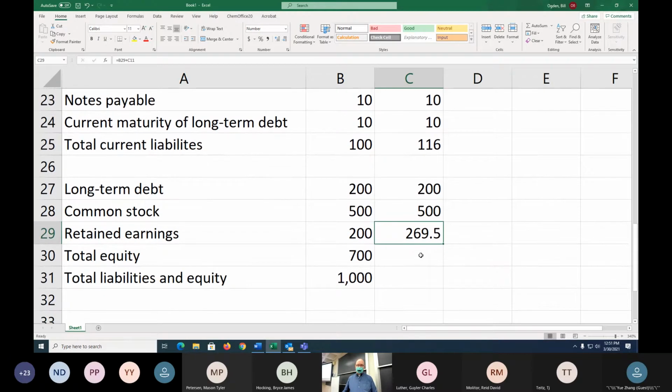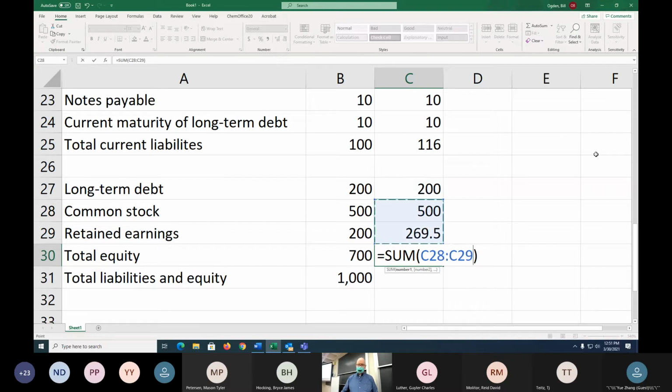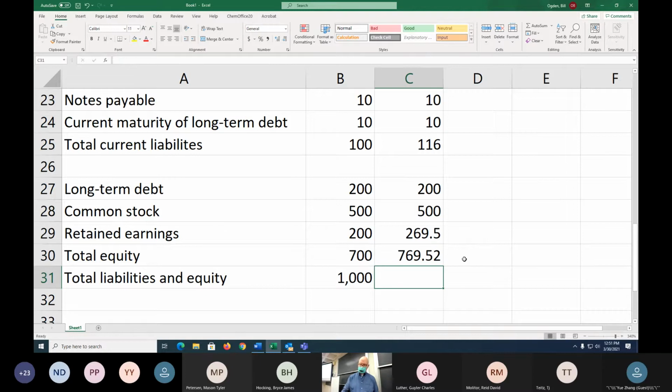Okay, so your total equity is the sum of these two, and your total capital, the capital side, would equal your current liabilities plus your long-term debt plus your equity.